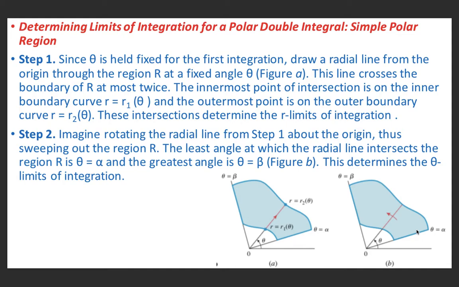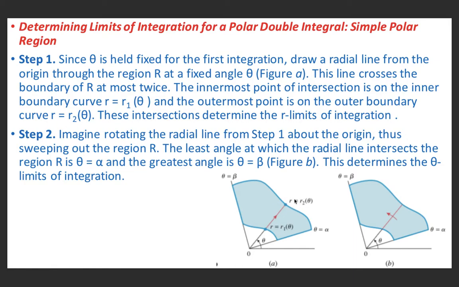So now it is easy to determine the limits of integration for a polar double integral. First of all, we will draw a line from the origin through the region R at a fixed angle theta, and we observe that it crosses the inner boundary of the curve at r equal to r1 theta, and the outer boundary at r equal to r2 theta.